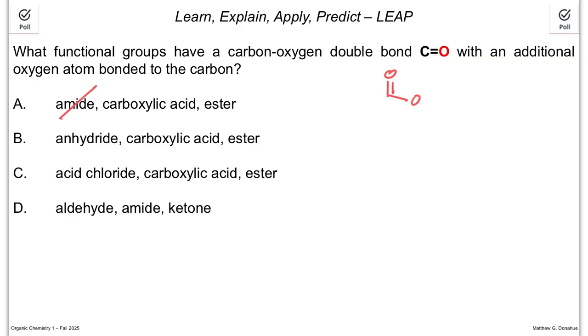A is out. The heteroatom there is nitrogen. C is out because that's chlorine. And then D is out because we already kicked out amide. So the answer here is B.